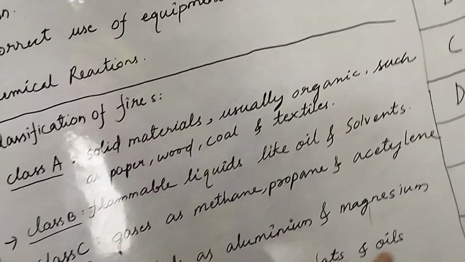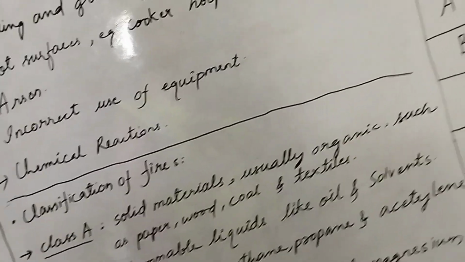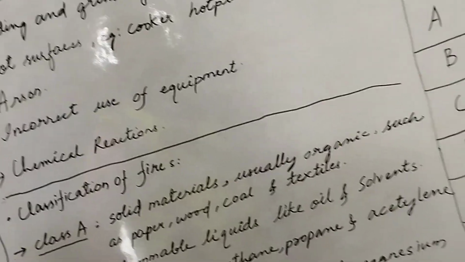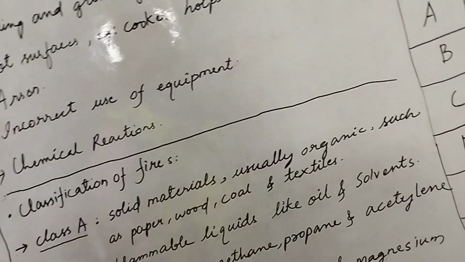And for metal, aluminum and magnesium, class D, dry chemical powder. And class F, high temperature fat and oil such as cooking fats, that's wet chemical.